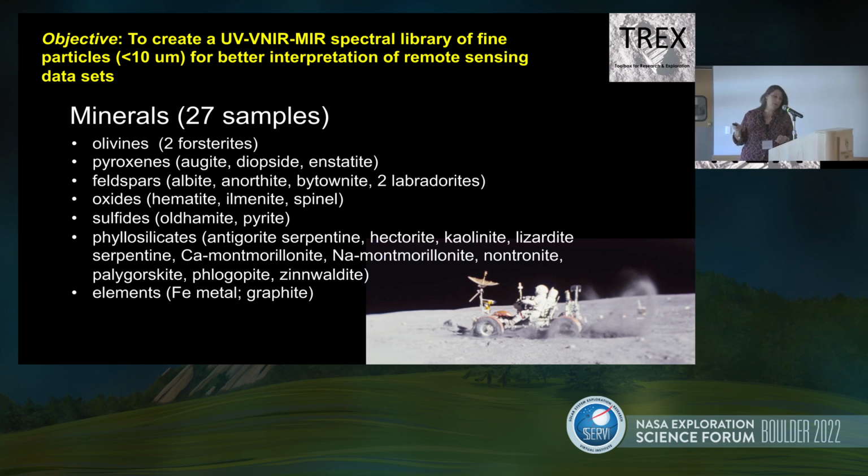We have olivines, pyroxenes, and then feldspars, oxides, sulfides, a bunch of phyllosilicates, and then we measured iron metal and graphite. Some of these samples are actually being used by other surveys, but we're looking at the fine particulates, so some of our data might be interesting to other surveys as well to compare to their coarser mineral spectra.